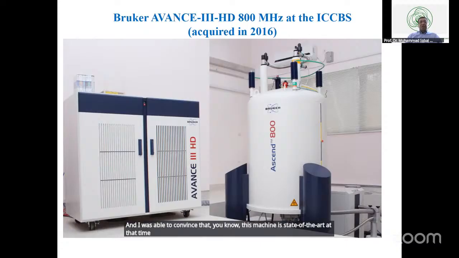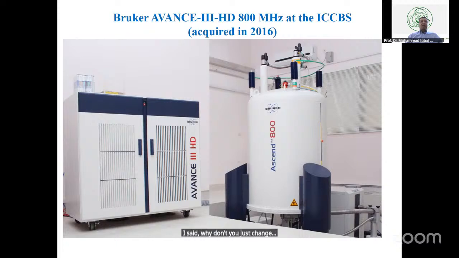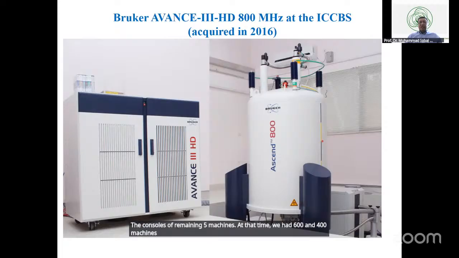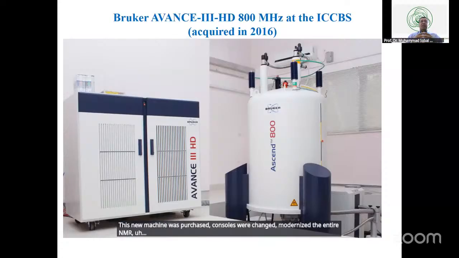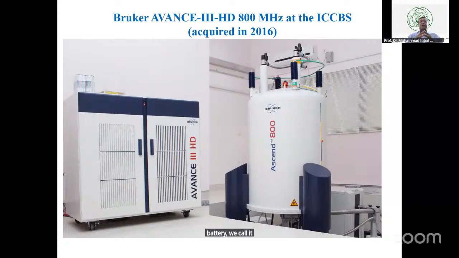Now, much stronger machines are available. I said, why don't you just change the consoles of the remaining 5 machines? At that time, we had 600 and 400 machines. 300, we didn't really change the console at that time. So everything was done. The new machine was purchased, consoles were changed, and we modernized the entire NMR battery. We call it the NMR park.